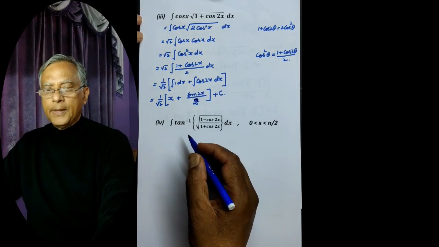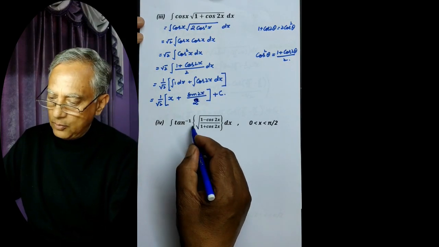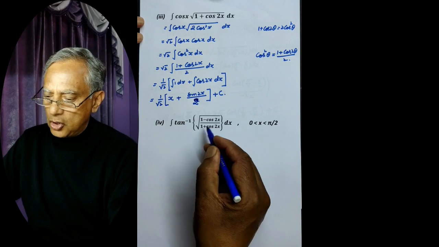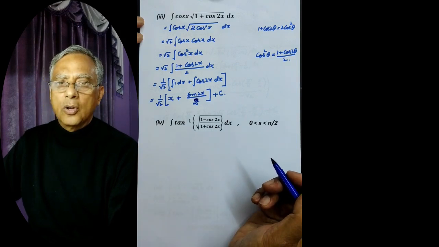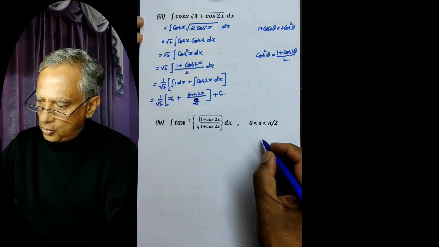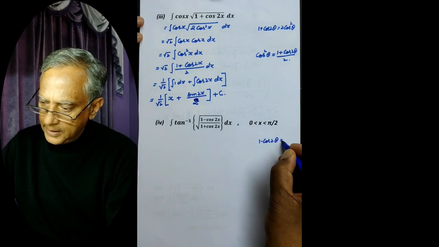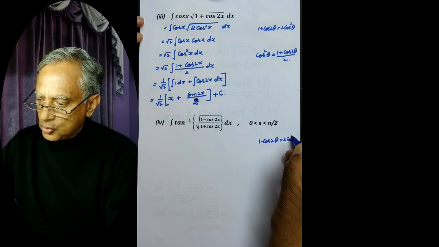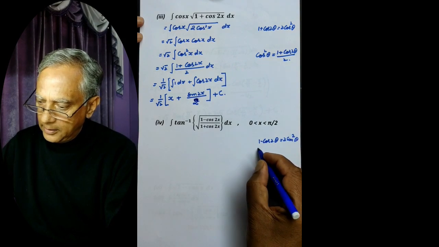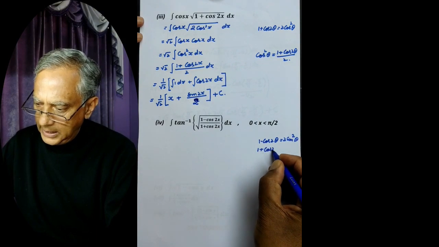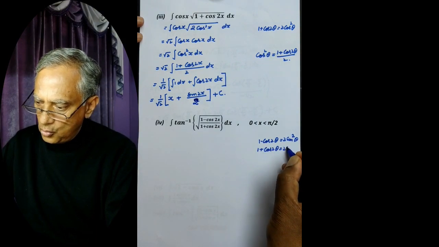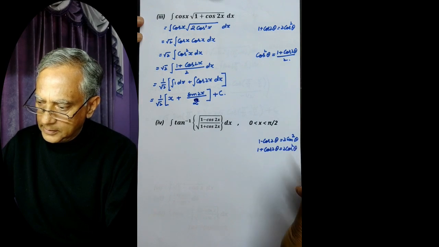Next is integral of tan inverse under root 1 minus cos 2x over 1 plus cos 2x. Now we know two formulae. 1 minus cos 2 theta is 2 sine square theta, and 1 plus cos 2 theta is 2 cos square theta.